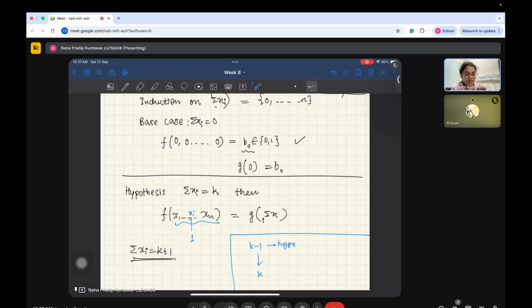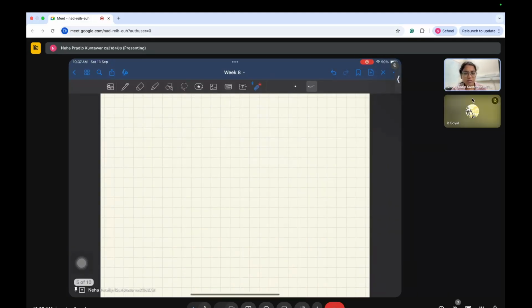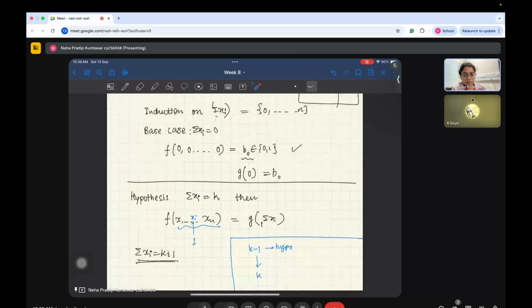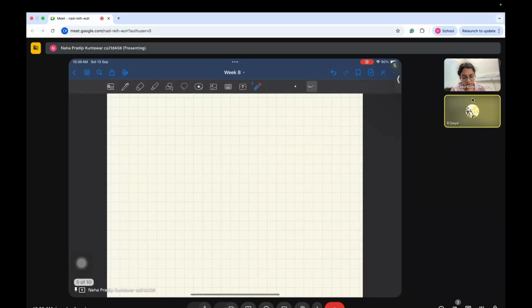So probably we'll need this step only for the construction of the circuit, but for showing the existence of g we don't. Induction would be a very strong tool.